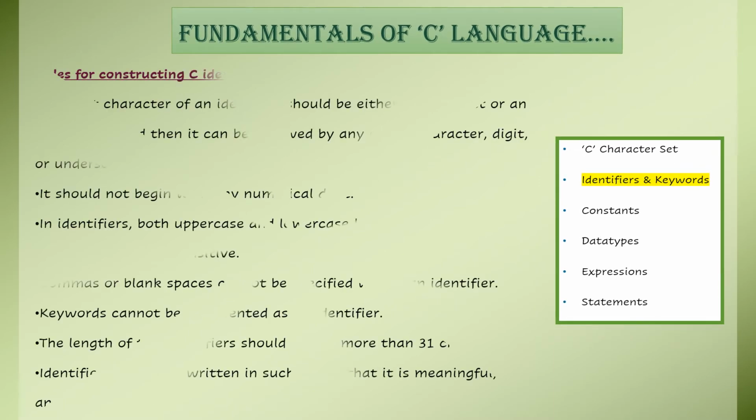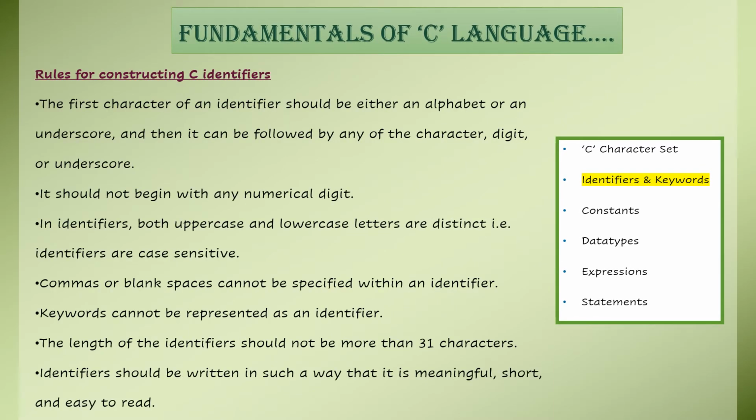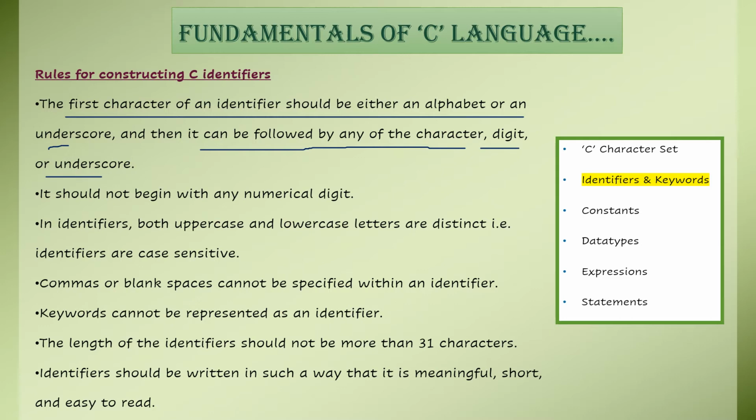Next we have some rules for constructing C identifiers. The first character of an identifier should be either an alphabet or an underscore, like we have discussed in the previous slide also, and then it can be followed by any character, digit or underscore. It should not begin with any numerical digit.